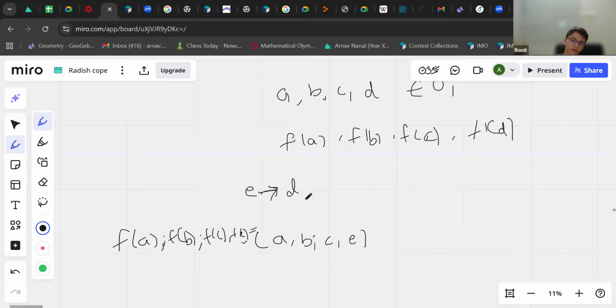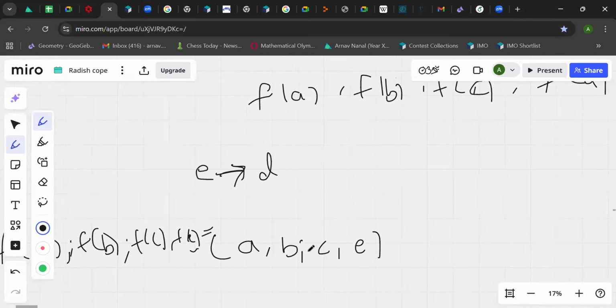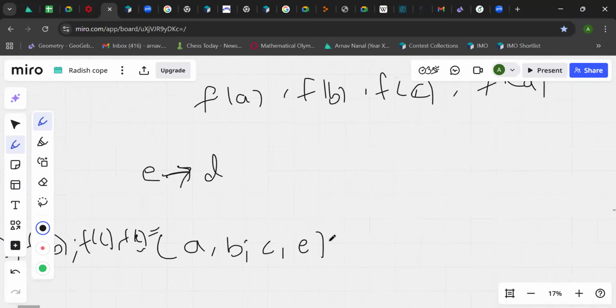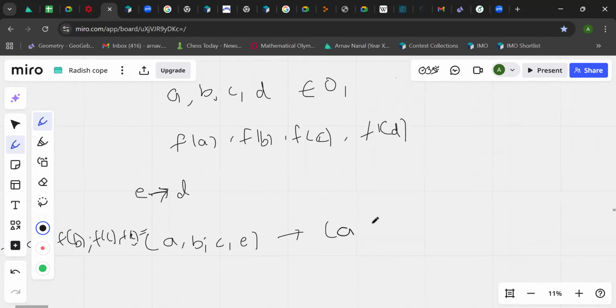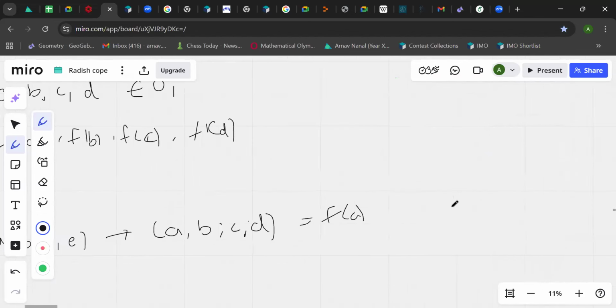So now I'll start with the cross ratio (f(A), f(B); f(C), f(E)), which is equal to (A, B; C, E). Now, since we are tending E to D, by the cross-ratio thing you can see that this tends to (A, B; C, D). But this is again equal to (f(A), f(B); f(C), f(D)).